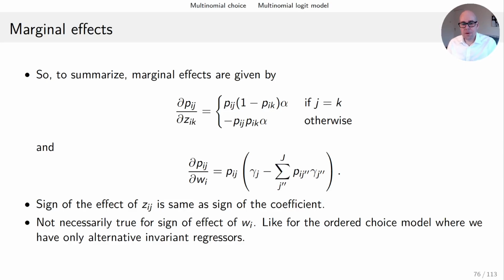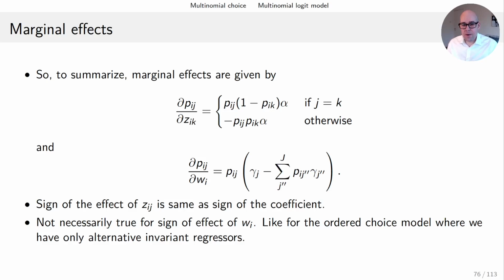Now, this is of course all for marginal changes in characteristics. What you can always do is you can also calculate simply changes in choice probabilities for discrete changes in characteristics when these characteristics are discrete. I'm not doing this here explicitly, but it's straightforward to do that.